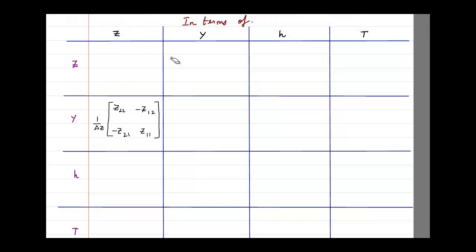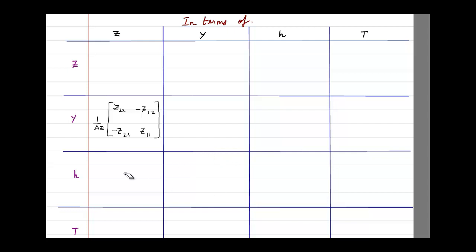You have to be very careful because in examinations it may be asked to find the y parameter in terms of the h parameter. So you have to find out what is going to come here, y parameter in terms of h parameter. Don't make this mistake. What people do wrong is they see y and h is here, so they will instead solve it and find out the value here. What is this value?